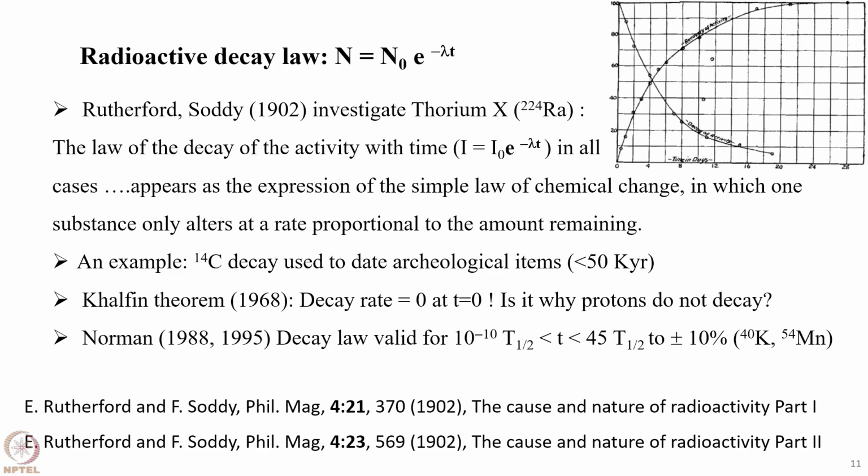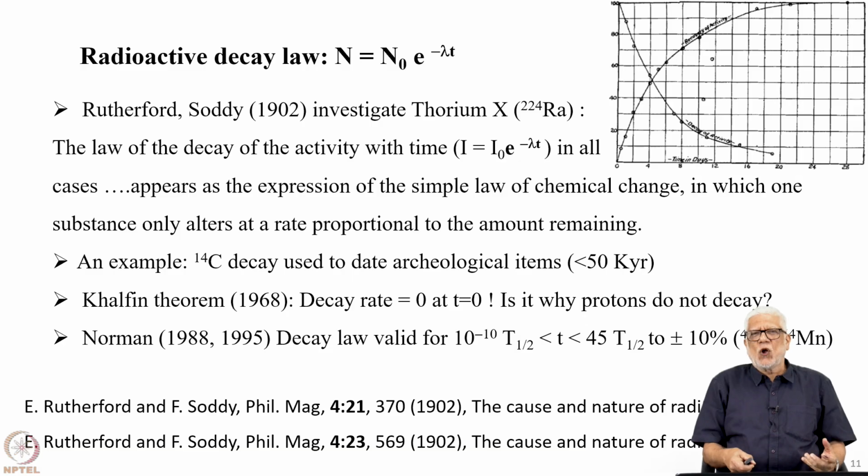As I said, I'll say a few more words about the radioactive decay law. So basically, all radioactivity, or indeed all unstable, naturally decaying things, decay with a certain decay constant.